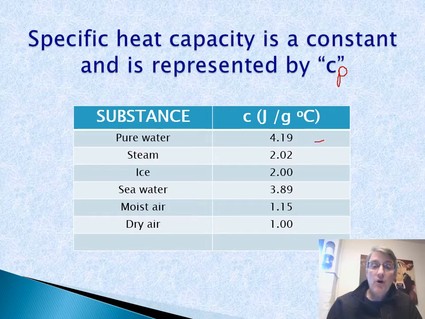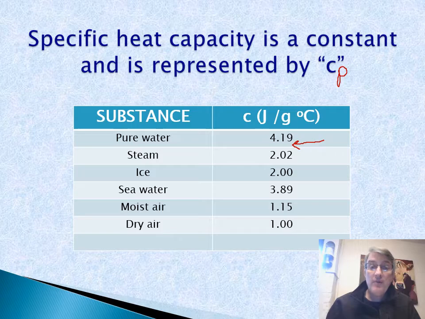So for pure water, we're looking at 4.19, and the units are joules per gram degree Celsius. So how many joules does it take to heat up 1 gram for 1 degree Celsius? Steam, a little easier to heat up than water. Ice, a little easier to heat up than water. And here's some other numbers as well.